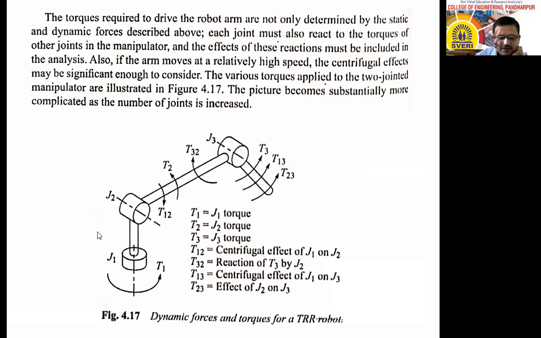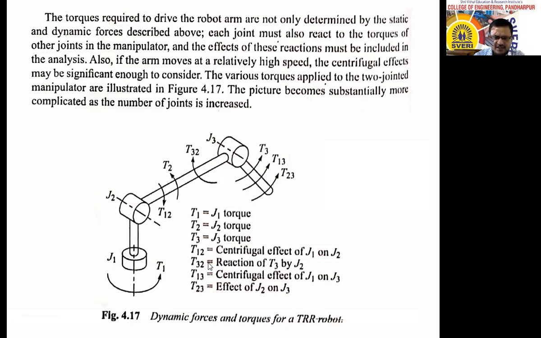Therefore, you can see this is the base joint J1, this is joint J2, this is joint J3. Now T1 is equal to the J1 torque. On this vertical bar, it has torque T1 in only one direction. Then T2 is the J2 torque on link 2, and T3 is the J3 torque.